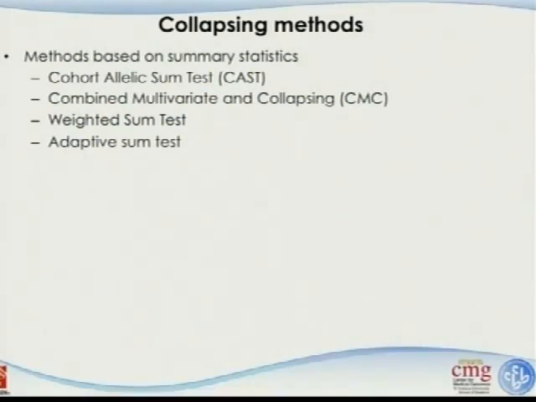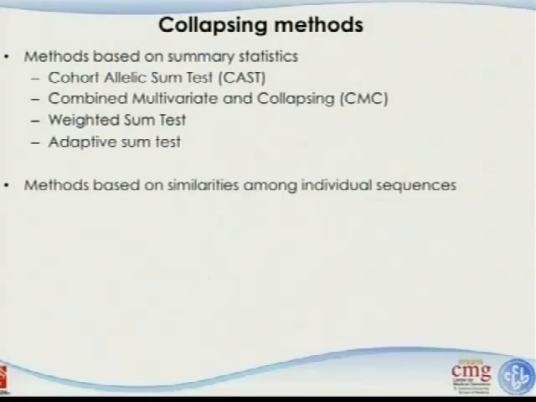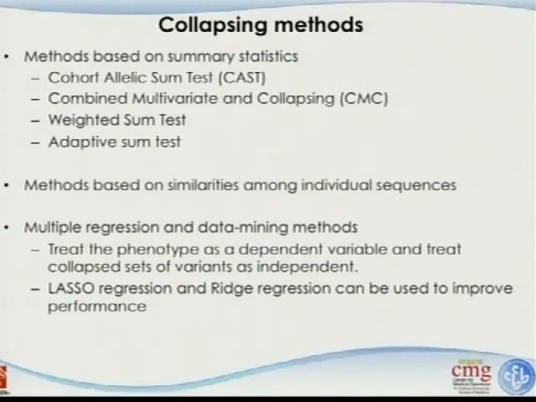There are a lot of different variations on the collapsing methods. Generally, these are methods that fall into the category of methods based on summary statistics. There are also methods based on similarities among individual sequences, and methods based on multiple regression and data mining.